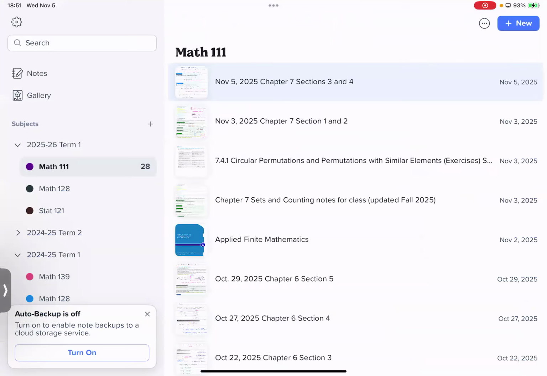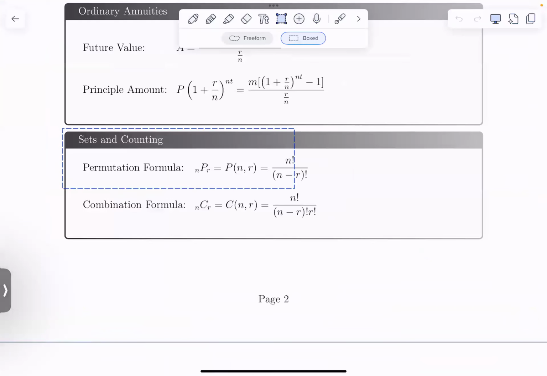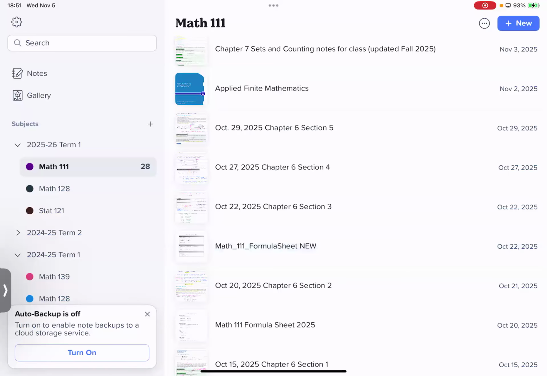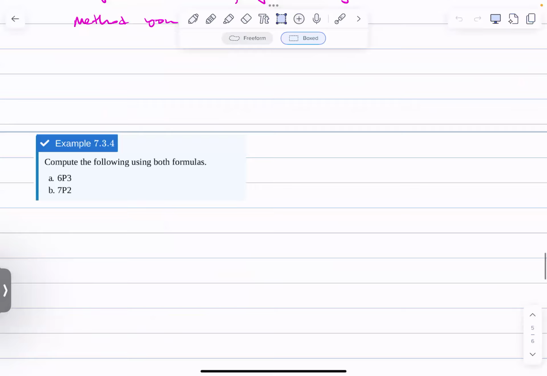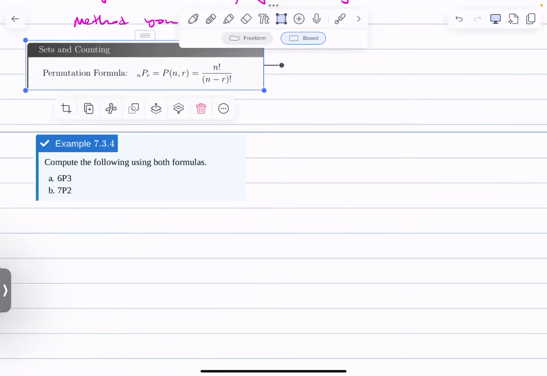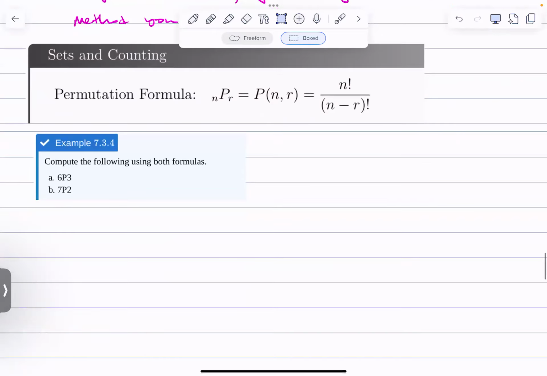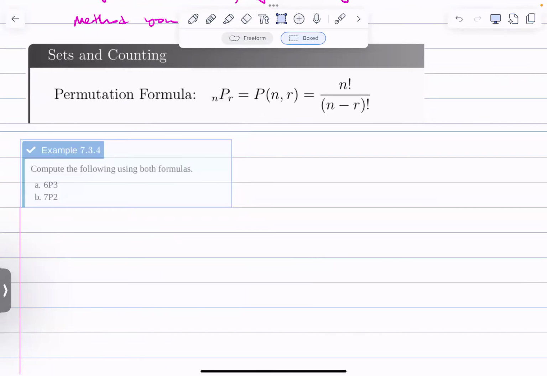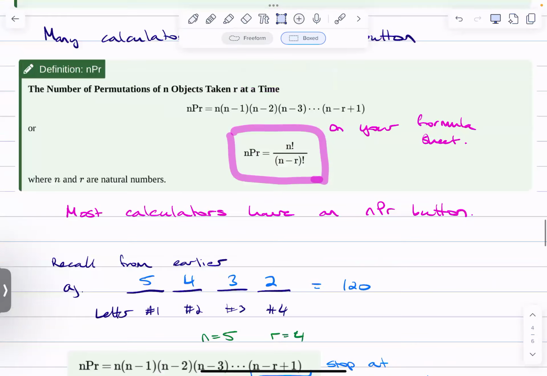And maybe I'll bring in the one from the formula sheet so that we can see it. Uh-oh, now I've done it.